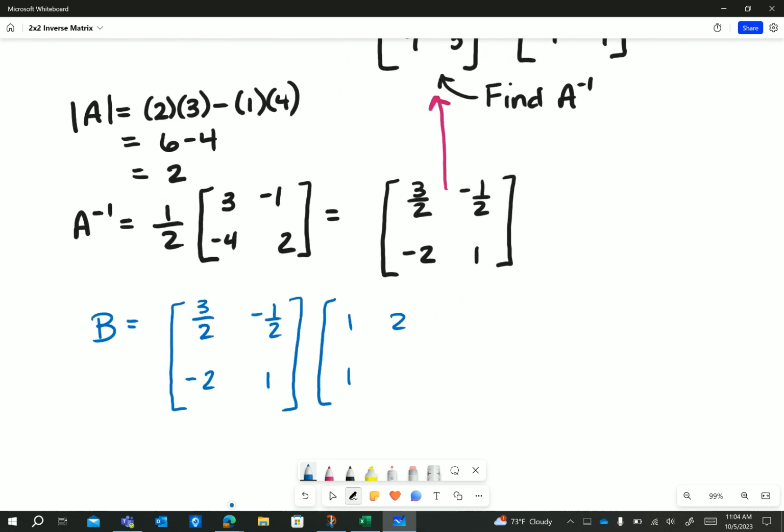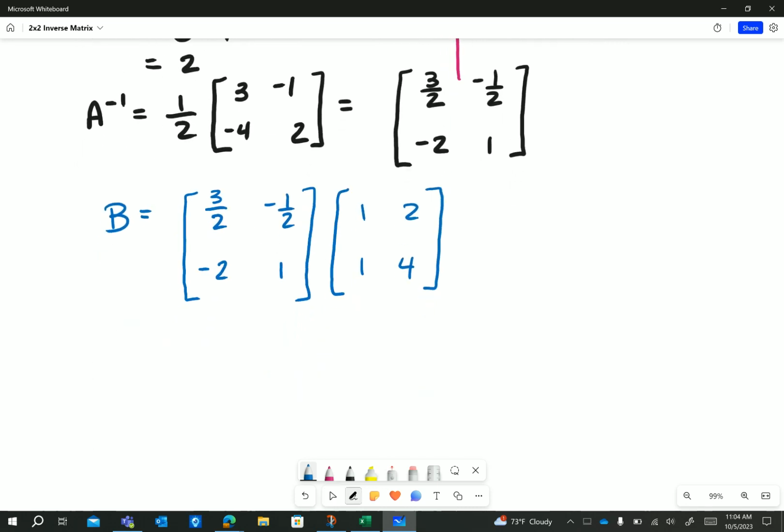So let's multiply row by column. This is a 2 by 2, and this is a 2 by 2. So I am allowed to multiply because those match. So my answer is going to be a 2 by 2.